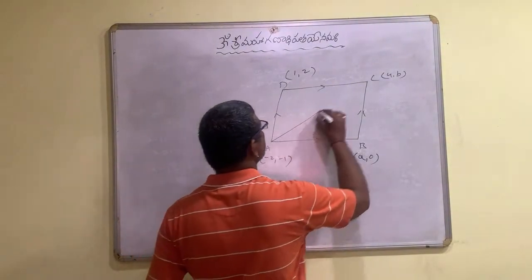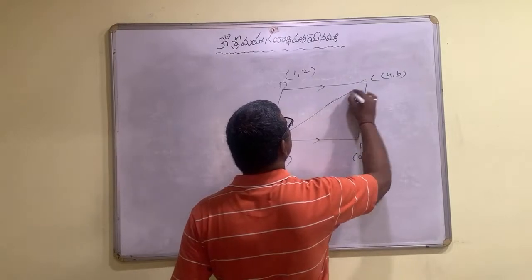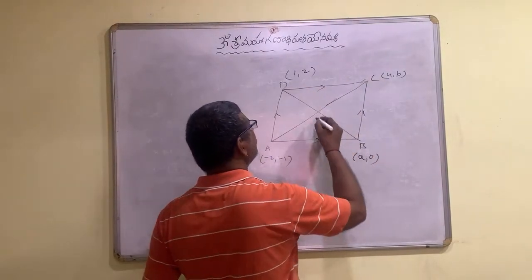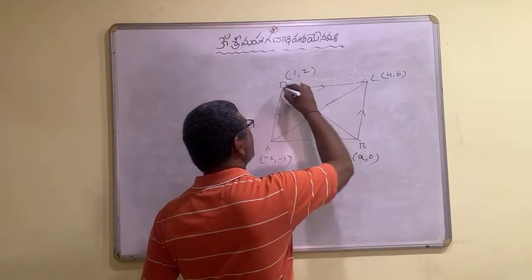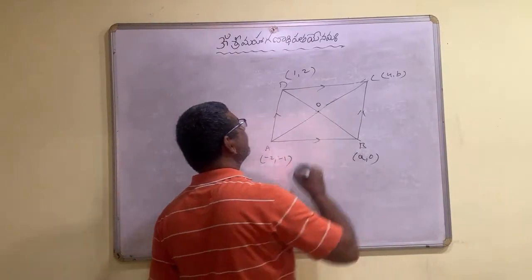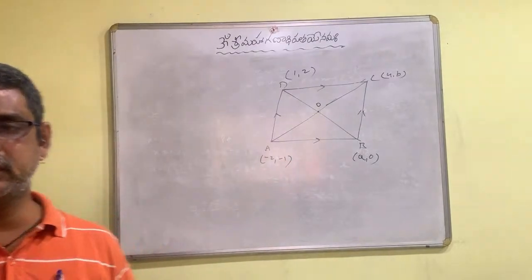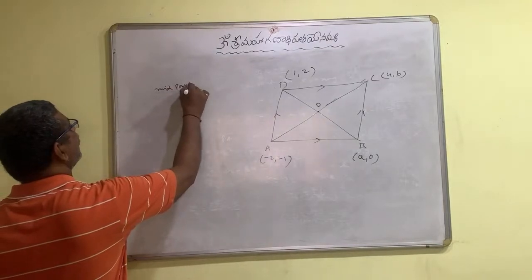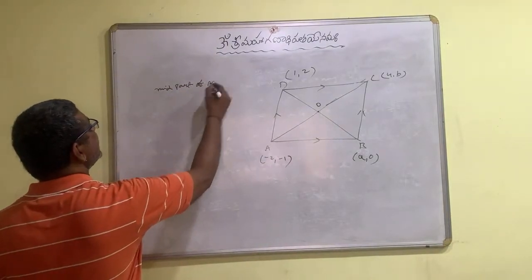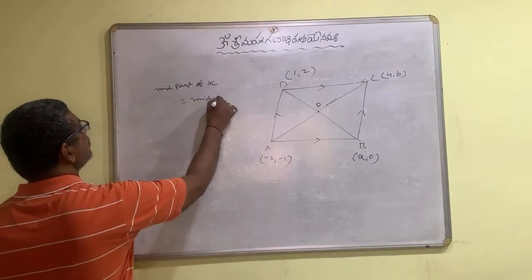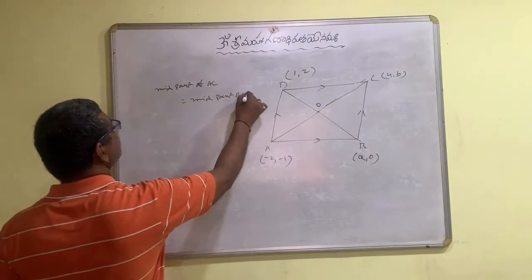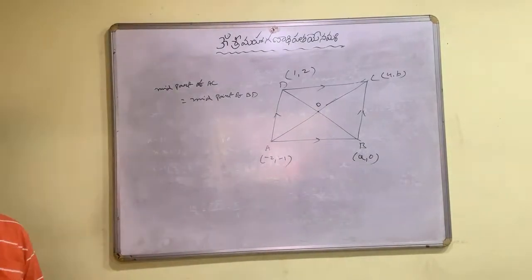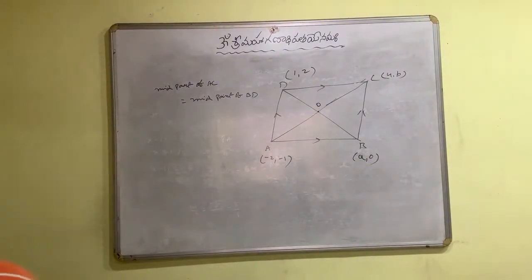That means the midpoint of AC as well as the midpoint of BD is the same. That is what you have to understand. Diagonals bisect each other means the midpoint of AC and the midpoint of BD are equal.